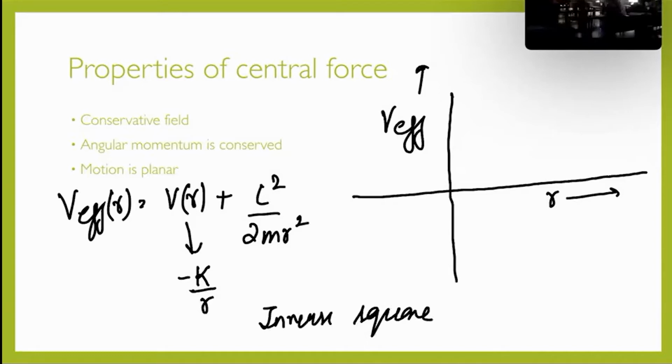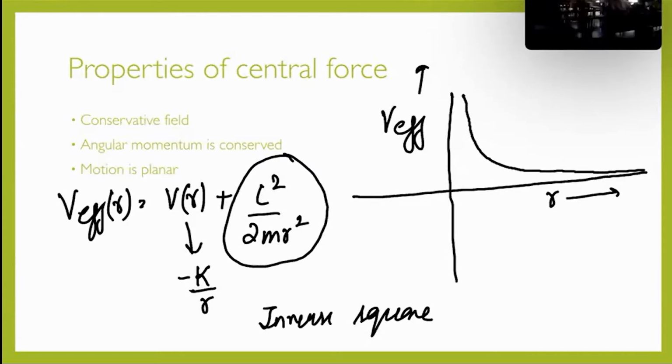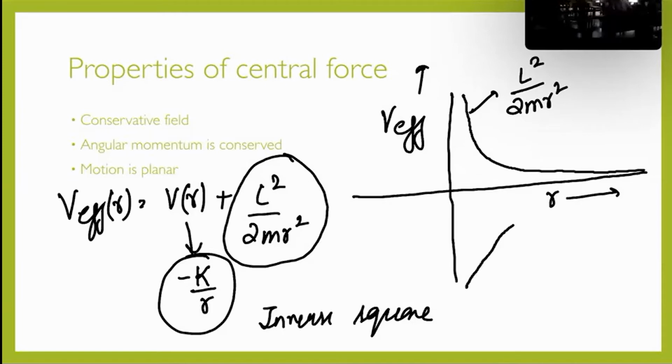As you can see, look at the slope. This is 1 by R squared. If I plot this term, this is your L squared by 2 m R squared. Now I will plot minus K by R. This is an attractive potential, so its slope will be different; this is steeper than that.